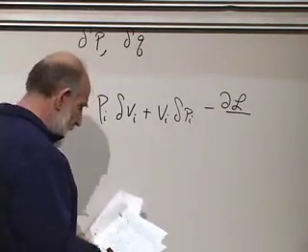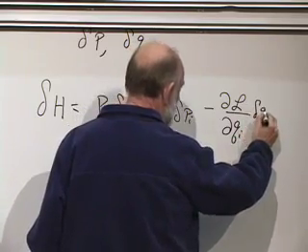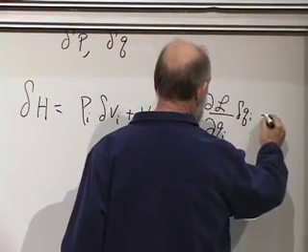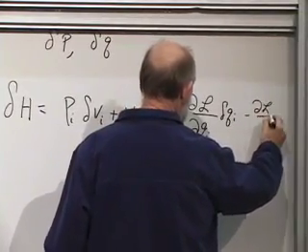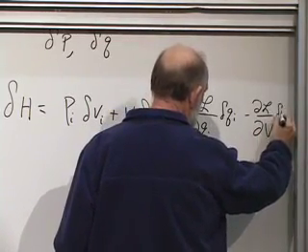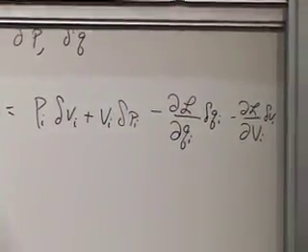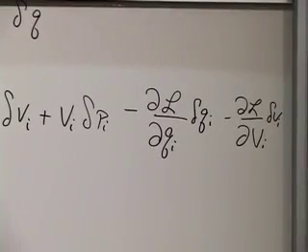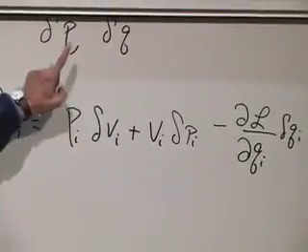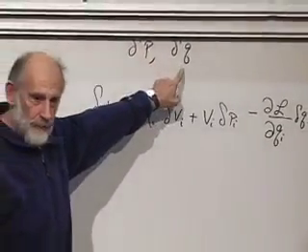Let's see which way I wrote. dL by dq sub I delta q sub I and minus dL by dv sub I delta v sub I. Lagrangians depend on q's and v's, and now we're varying everything in sight, p's and q's. You don't have to separately vary the velocities, because you know the velocities if you know the p's and q's.